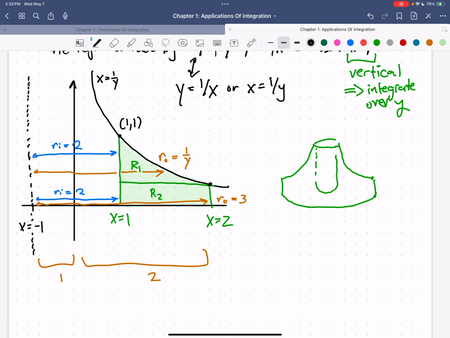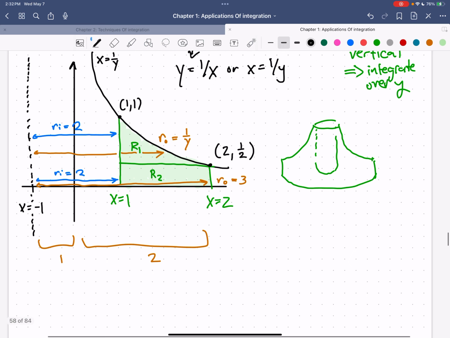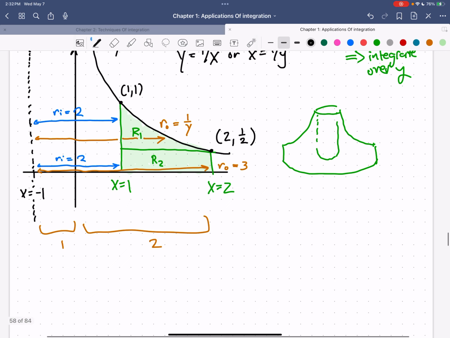And then the line x equals 2 intersects that function at (2, 1/2). And so we can see that the values of y that we range over for R1 are from 1/2 to 1.